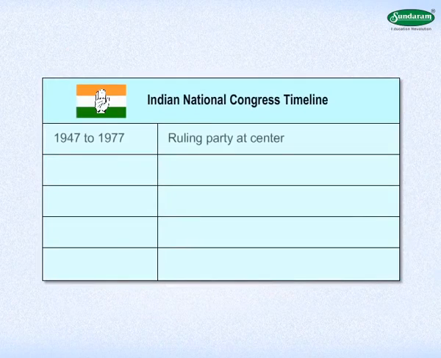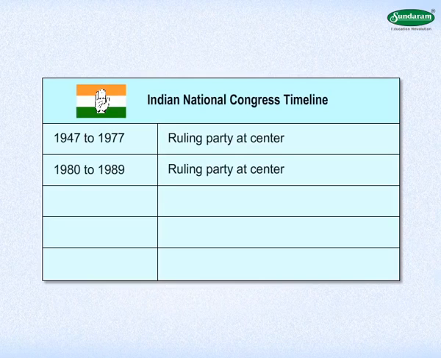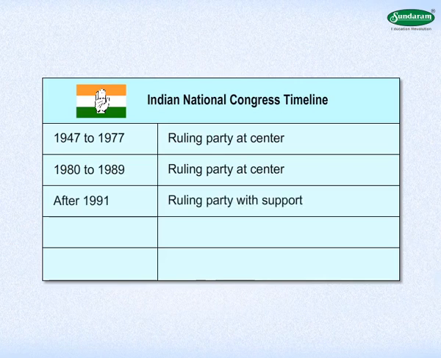It was a ruling party at the centre from 1947 to 1977. Again, it ruled the central government from 1980 to 1989. After 1991, it did not get the majority, but it was able to rule the country with the support of other parties.